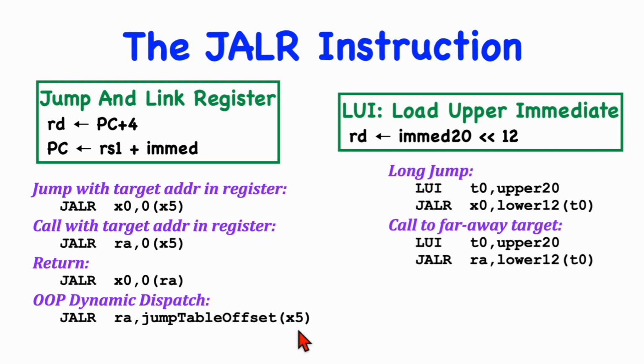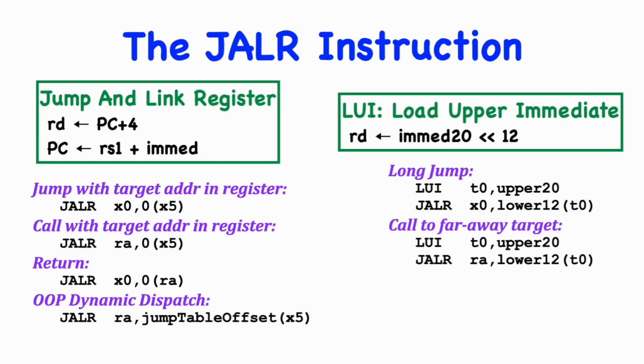The desired method to invoke is identified using an offset into this table. Such offsets would be assigned by the compiler. The jump and link register instruction can be used to call, or we say invoke, a method whose identity is determined dynamically based on the object's class. Okay, so don't worry if you didn't follow that method dispatching stuff. The main takeaway is that this is a very useful instruction.